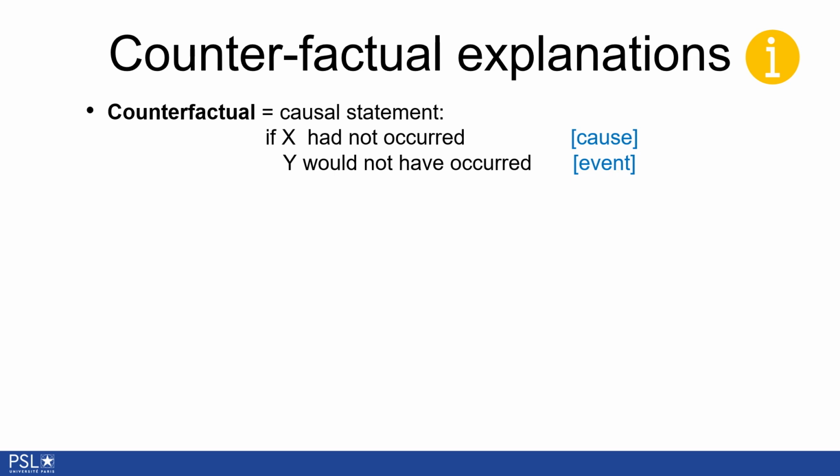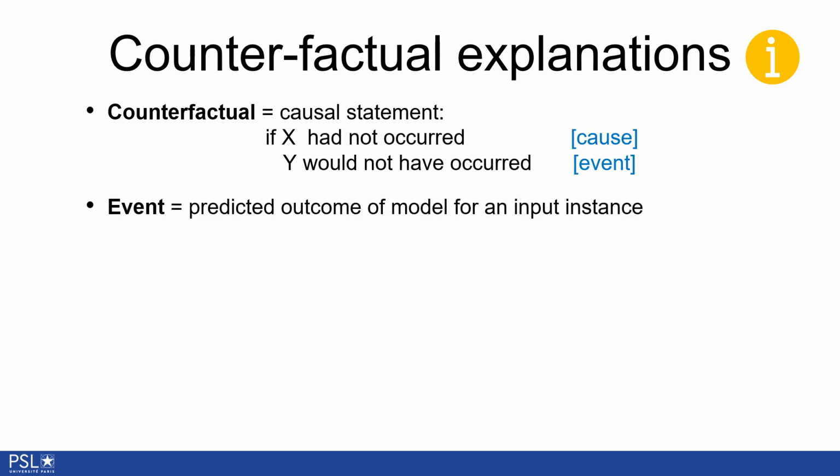More specifically, a counterfactual is a causal statement of the type, if X had not occurred, Y would not have occurred. So it's a statement that links a cause to an event, and in that sense, it's an explanation of the event. Within explainable machine learning, an event is the predicted outcome of a model for a given input instance.